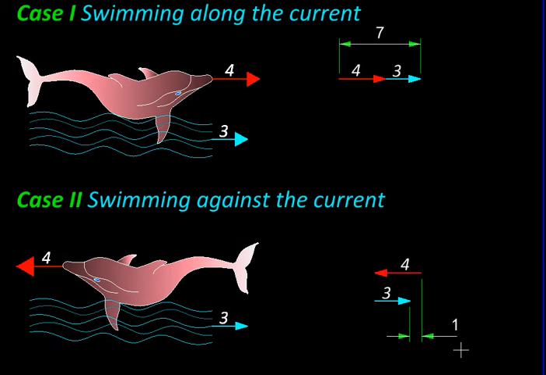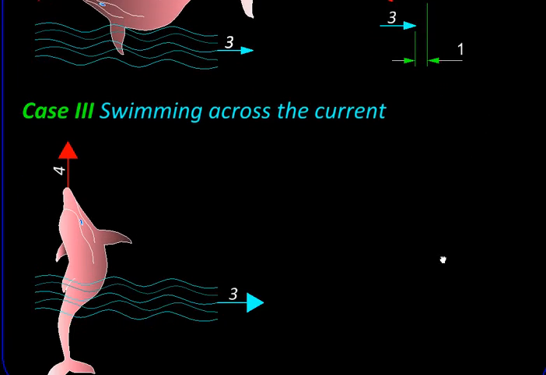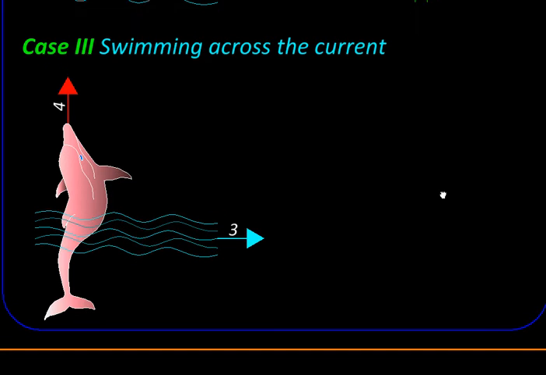Even some of the scalars behave the same way. They may have positive and negative signs and cancel each other, like these velocities are doing to some extent over here. But the next case is really very interesting, where the dolphin starts swimming across the current, perpendicular to the current.